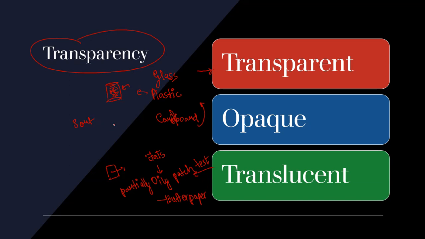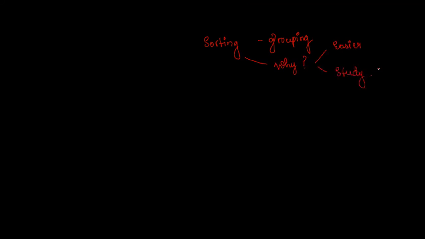So in this chapter, very important things are, first, what is sorting, right? Sorting is nothing but the grouping of the materials. And why is the sorting done? One, to make our lives easier for convenience. Another is to study the properties by keeping them in the same place.